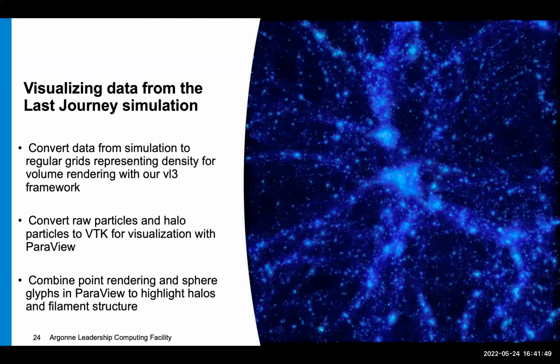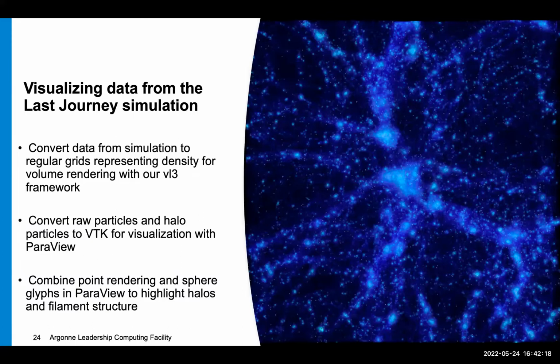There's also, as Adrian mentioned, data that has already been analyzed, which we call the halo particles. Those are a subset of the entire data set that we also get from the analysis part of the code. We put all that together and visualize it with different tools.